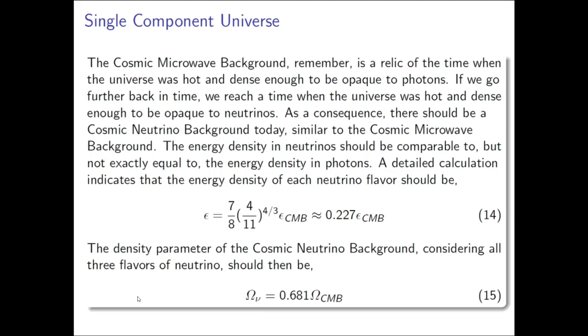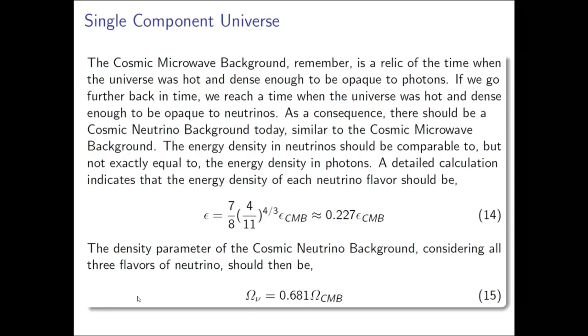So we expect the energy density and the number density of the neutrinos to be comparable to, but not exactly equal to, the energy density and number density of photons in the cosmic microwave background. After a detailed calculation, we can find the expression that gives quite an accurate value for the energy density of each neutrino flavor.